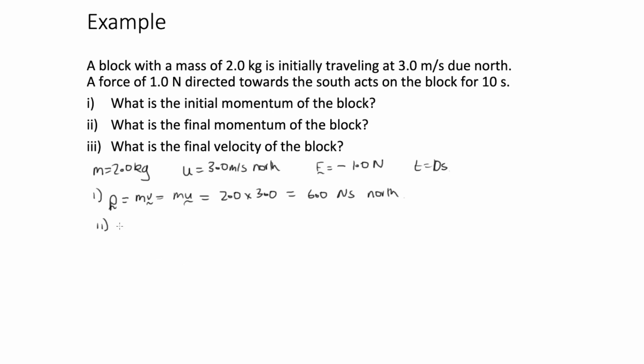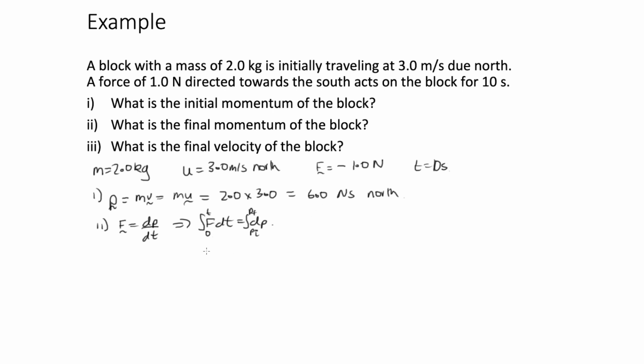Then part 2 asks us, what is the final momentum of the block? So we know that F is equal to dp dt, and so we can write this as F dt is equal to dp, and so we're integrating from t equals 0 to t, and we're going from p initial to p final, and we've just calculated the initial p here.